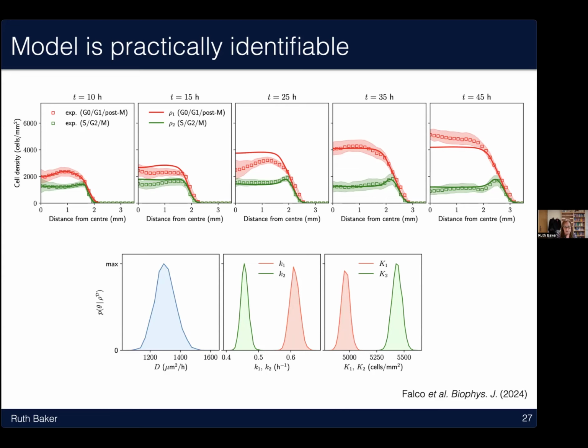One of the things that I think is quite important to notice here is that the fact that the parameter capital K2 is larger than the parameter capital K1 tells you that the impact of crowding on transitions from the first part of the cell cycle to the second part is stronger than the impact of crowding on the second transition.